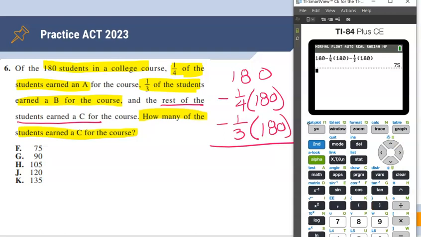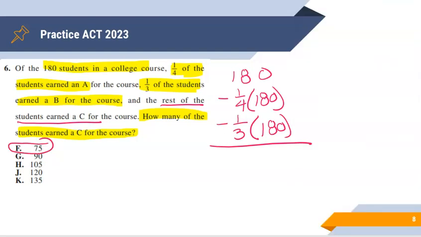Okay, and it gives us an answer of 75, and that is correct.